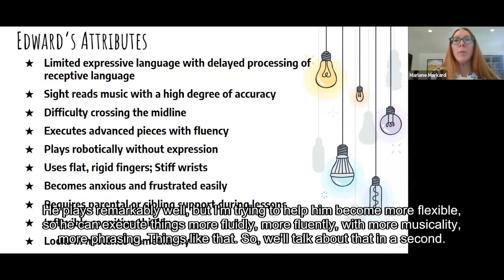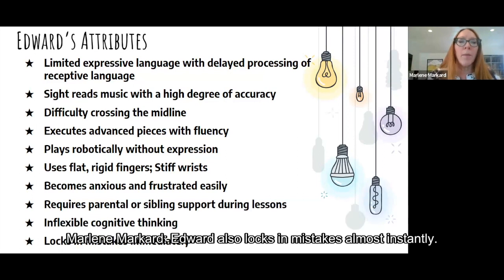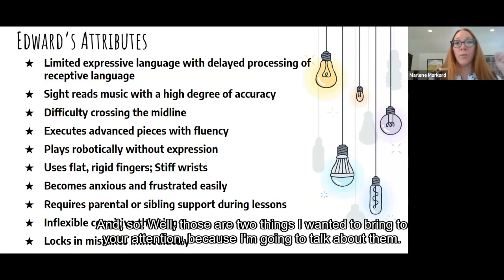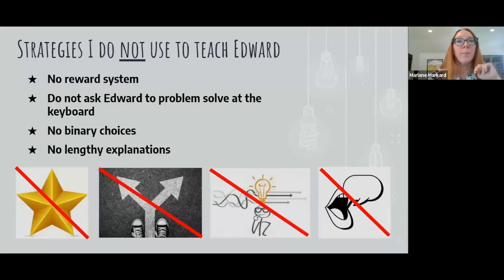He plays remarkably well, but I'm trying to help him become more flexible so he can execute things more fluidly, more fluently, with more musicality, more phrasing, things like that. So we'll talk about that in a second. Edward also locks in mistakes almost instantly. And so those are two things I wanted to bring to your attention because I'm going to talk about them.